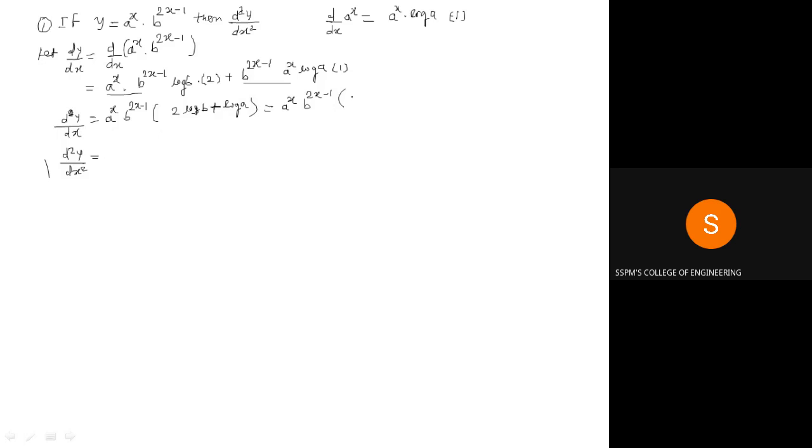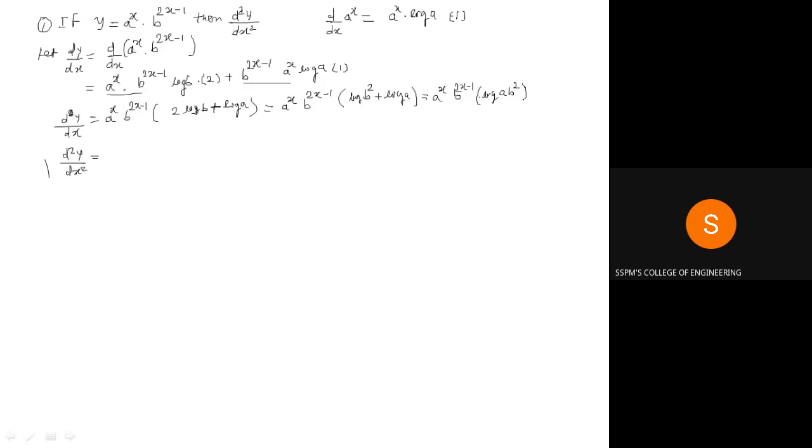Log of b square means what? n log m is log of m raised to n, plus log of a is there. तो आप लोगों को ये थर्ड लॉ से आप क्या कर सकते हैं? ये मल्टीपल टर्म पावर के फॉर्म में आ सकती है. सो लॉग ऑफ बी स्क्वायर इज देयर. सो लॉग ऑफ ए प्लस लॉग ऑफ बी, दैट इज लॉग ऑफ ए बी. एंड बाय दिस व्हाट यू गेट देयर? a raised to x into b raised to 2x minus 1 into log of ab square.